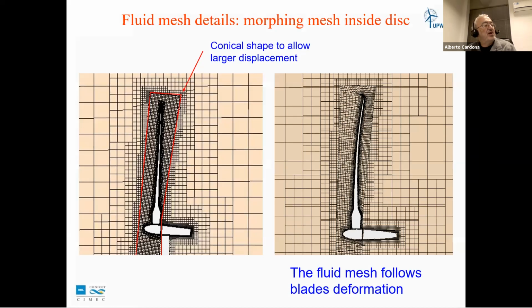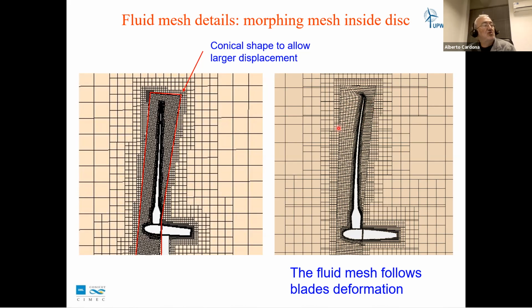In some cases we made this kind of modification of the conical shape so as to allow larger displacement of the blade. We see here how the blade deforms due to the wind pressure. This deformation in large wind turbines can be very large.